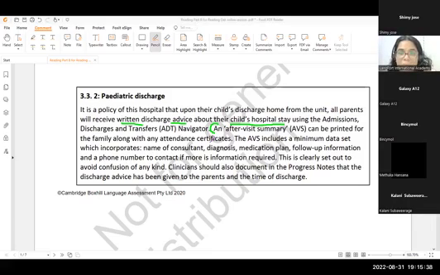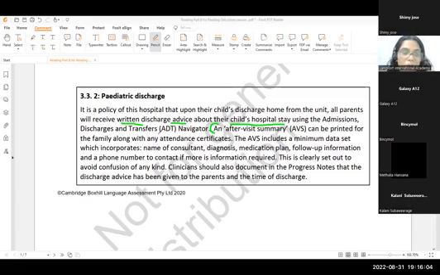Okay, let's see. The AVS, this particular after visit summary, includes... So now they are looking at the content of the after visit summary. So it includes the name of the consultant, who the kid was consulted by, diagnosis of the patient, medication plan, follow-up information, and a phone number that they can contact if they need any more information.